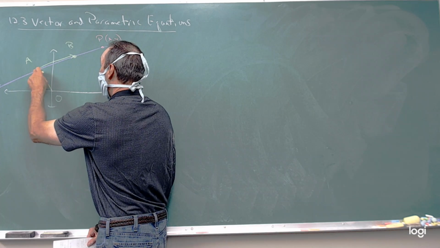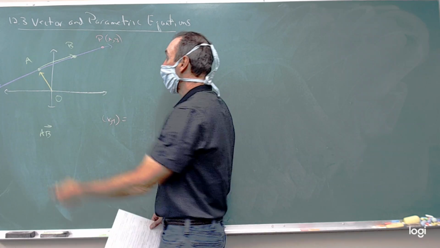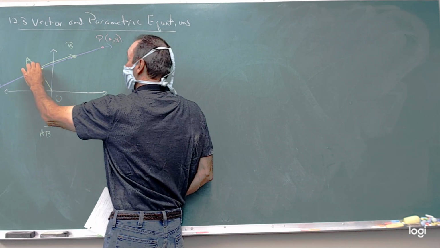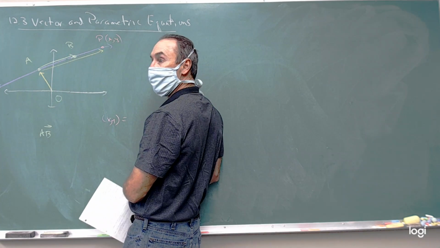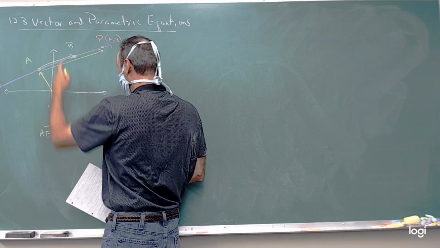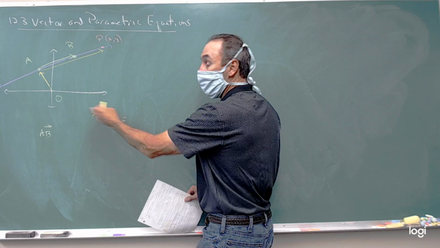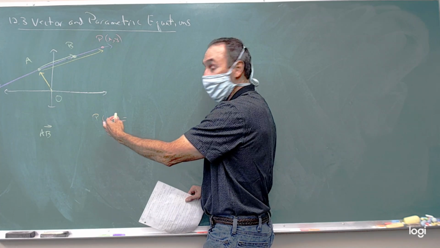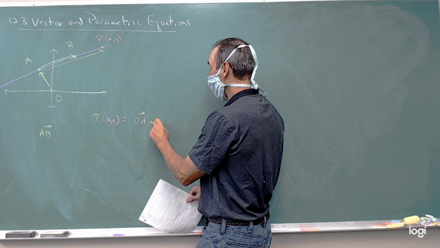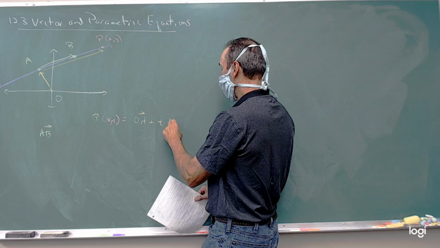We go OA, so that vector OA is going to take us to that point, and then we're going to take a multiple of vector AB to stretch us out to P. You with me there? And so the resultant of adding those together, so this point P that's at x, y, no matter where P is, this is a generic P, is going to be OA, that vector, plus some multiple I'm going to call t times the vector AB.